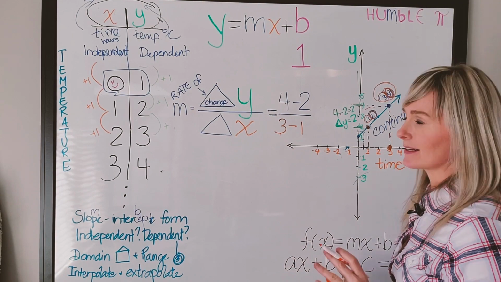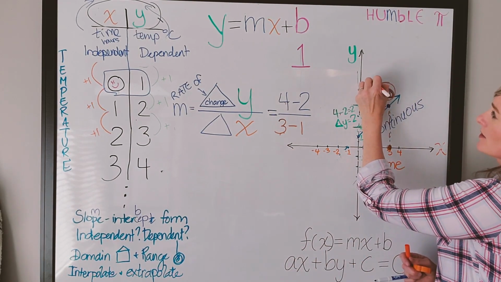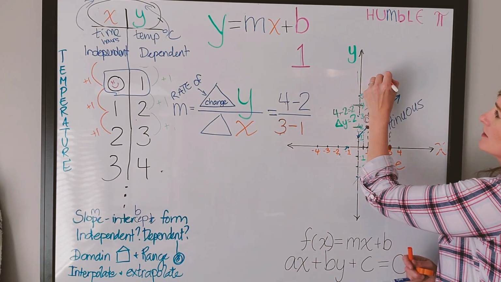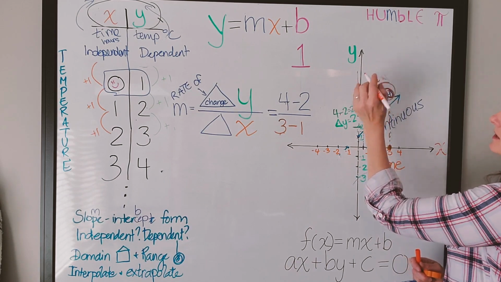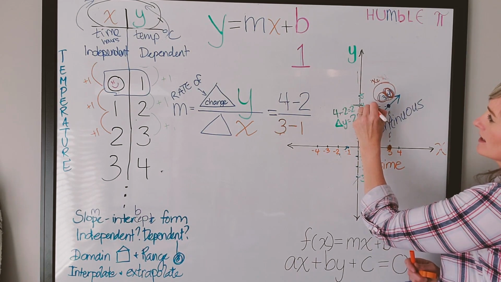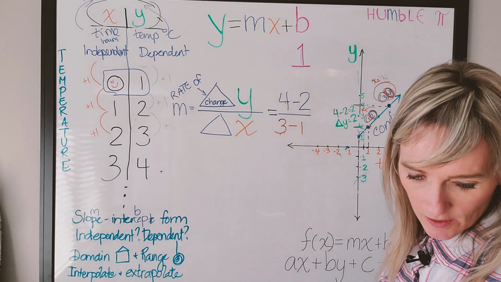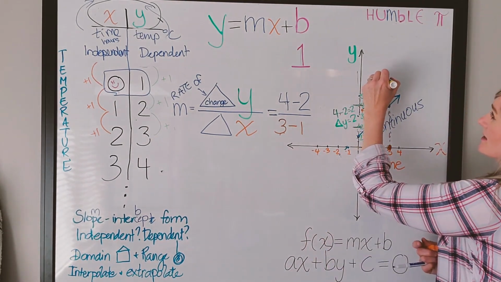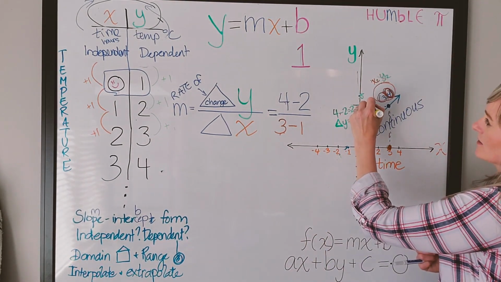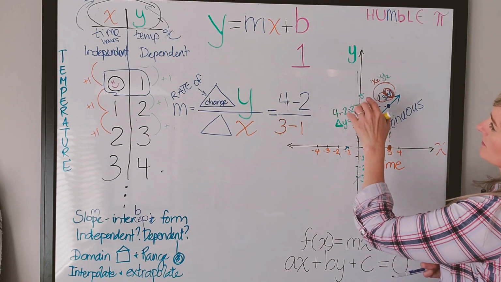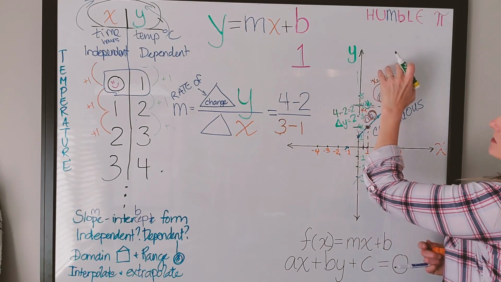So let me just explain that again. Our first point, we're going to call this x2 and y2, and this one x1 and y1. And we're just doing that because this is the second set of values over here, and this is the first set of values. So we've got x1, y1, and x2, y2.